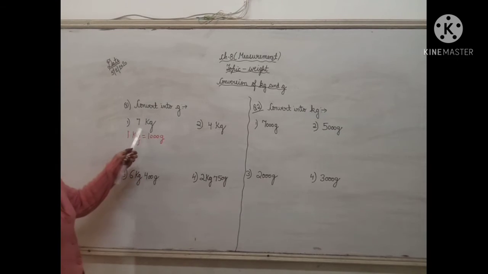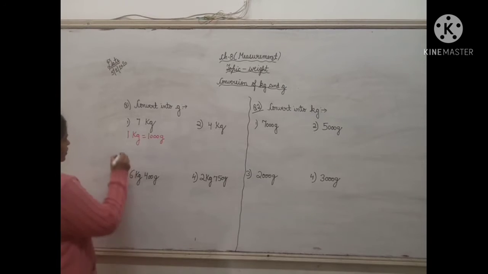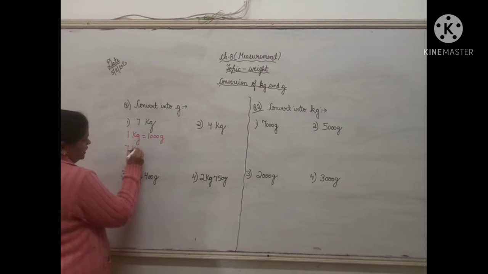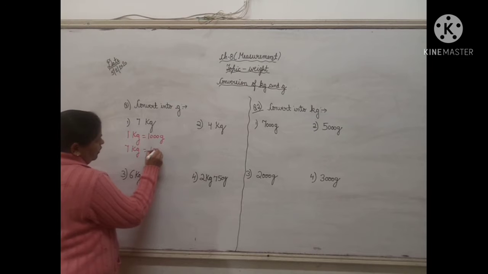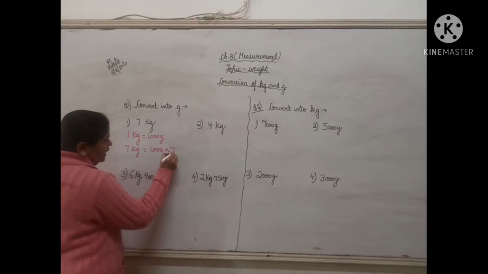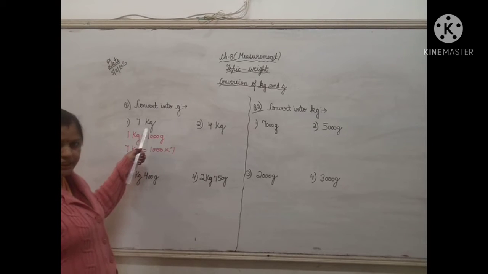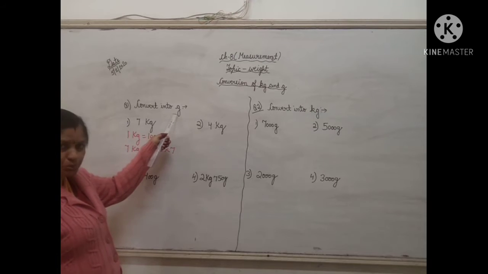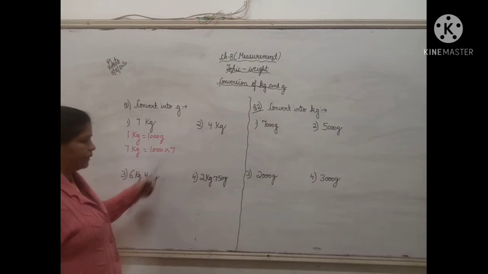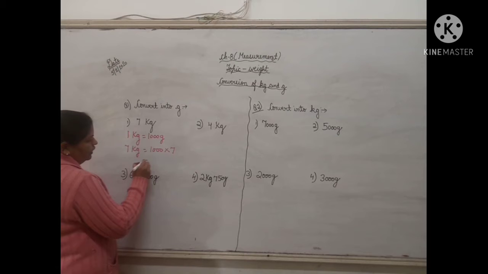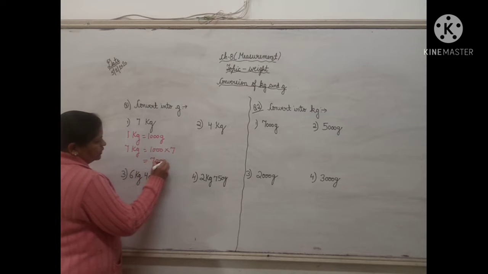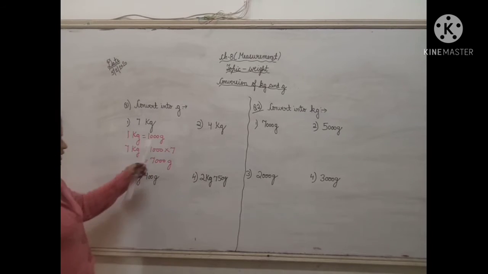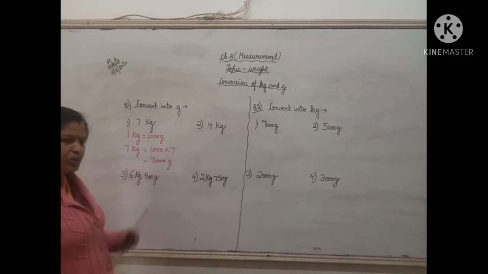And children, here we are given 7 kg. So we will write 7 kg is equal to 1000 multiplied by 7, because we are changing bigger unit into smaller unit. So we will multiply. So 1000 into 7 will be 7000 gram. So in this way we will change bigger unit into smaller unit.